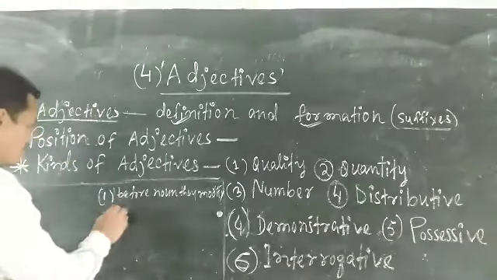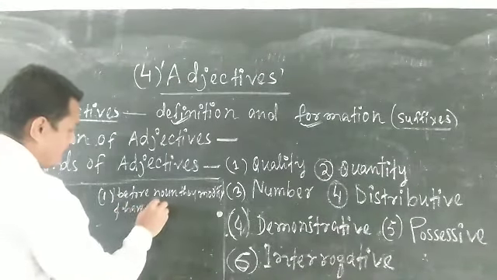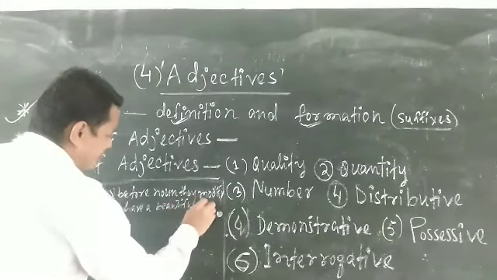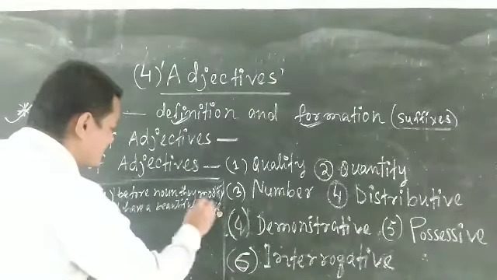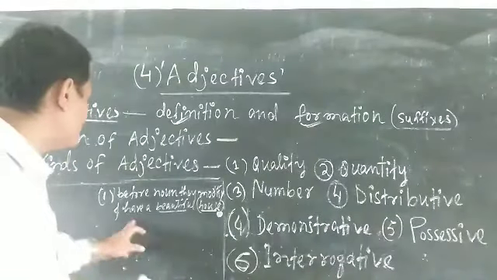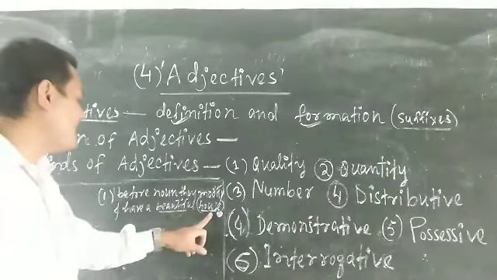For example, I have a beautiful house. You can see, house is the noun and beautiful is the adjective. Now we can see the position of the adjective is just before the noun which it modifies.